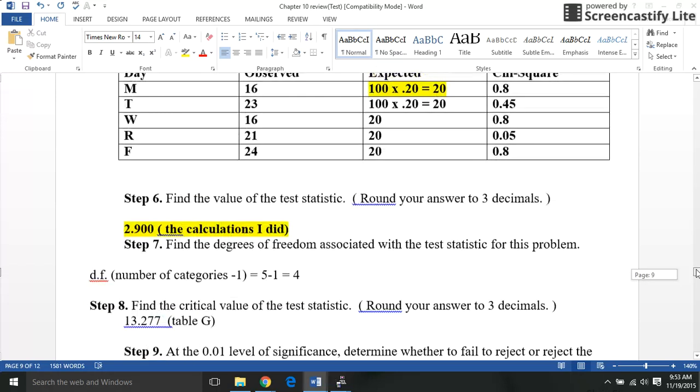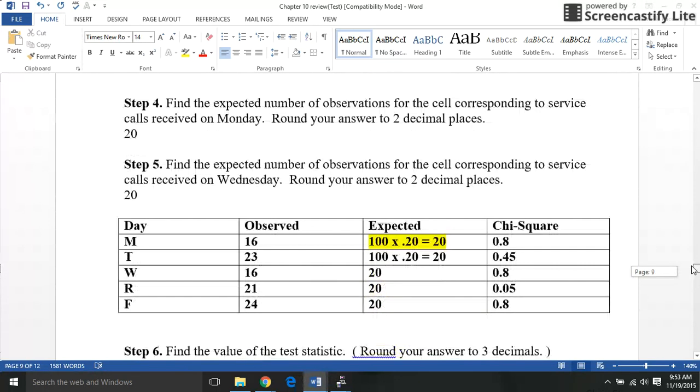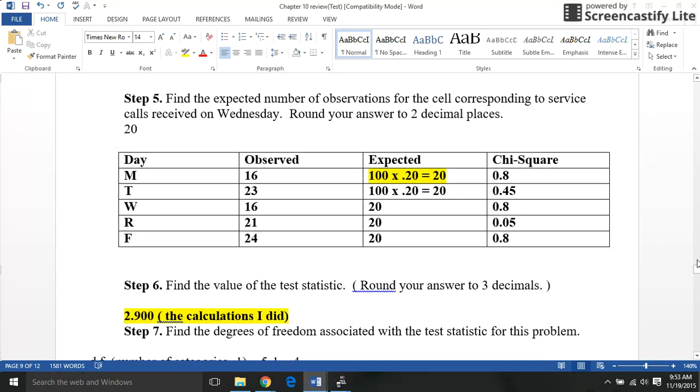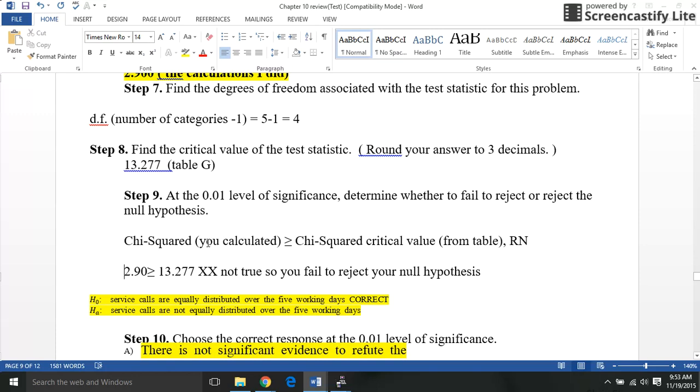The 2.90 comes from adding all of these numbers up right here, and the 13.277 came from the table. So you calculated versus from the table. Since 2.9 is not greater than 13.277, you fail to reject your null.